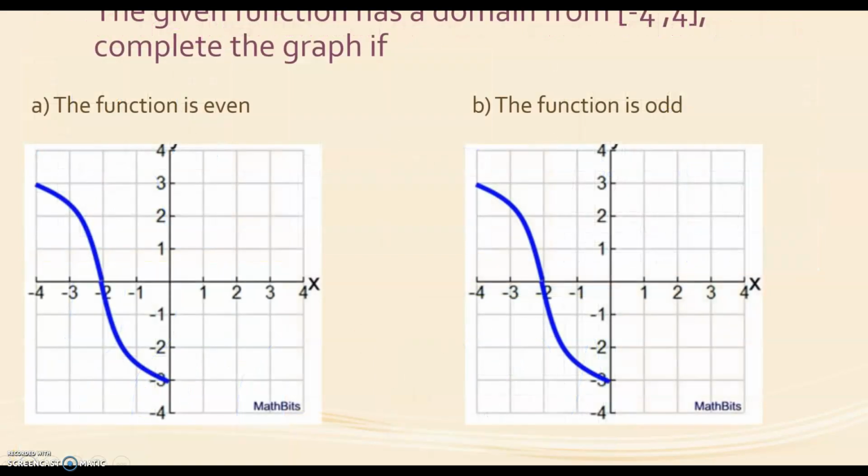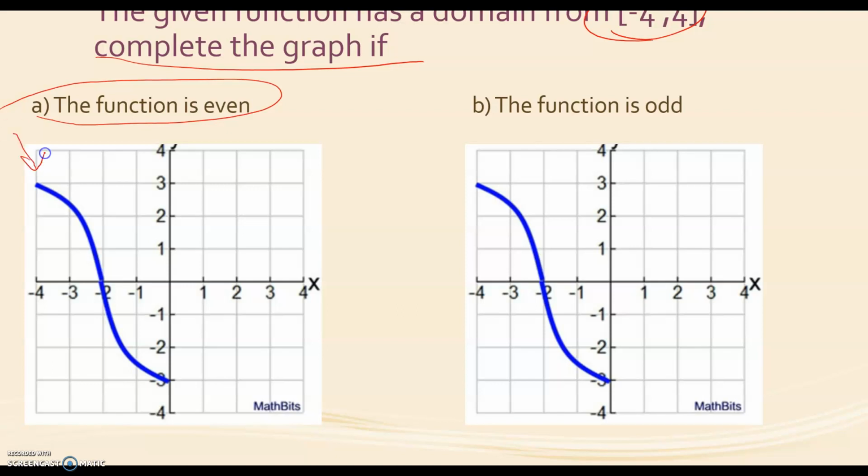So here's what we're going to do. We're going to complete this graph knowing that the domain of the graph goes from -4 to 4, which means you're using up all the x values. There's no discontinuity there. We're going to complete the graph if the function is even. Well, again, even function means you're symmetrical about the y-axis. So I can take this side of the graph and reflect across the y-axis, and that will give me the other half.